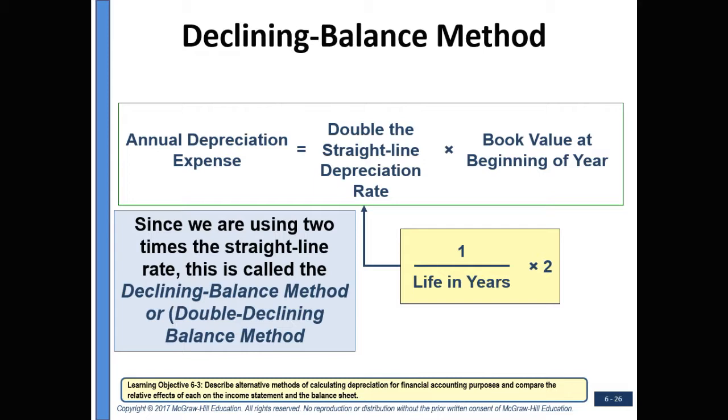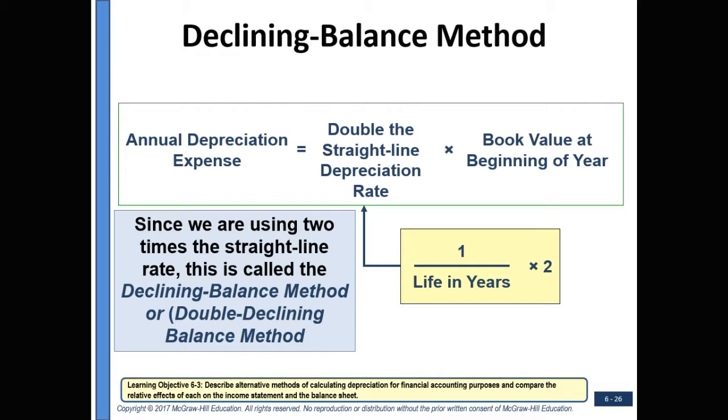To calculate the double straight line rate, we divide 1 by the estimated number of years of useful life, and then multiply that number by 2.